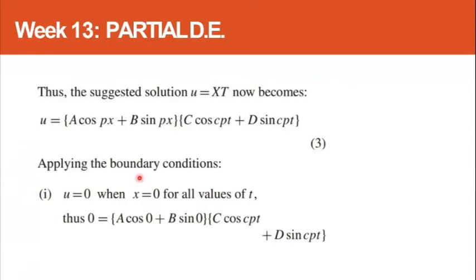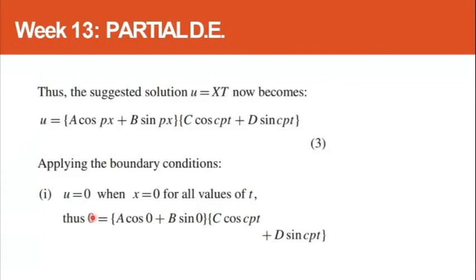Then applying the boundary condition, our condition is that u is equal to 0 when x is equal to 0 for all values of t. When we have this formula, our x is equivalent to 0, so our u is also equivalent to 0. Therefore, this will be our equation.